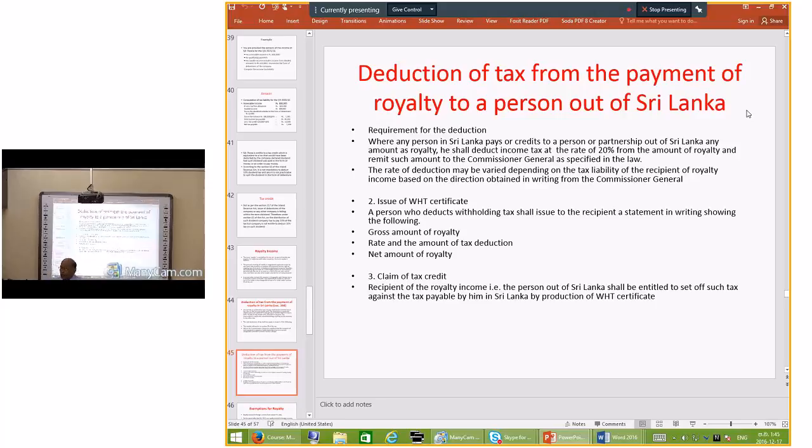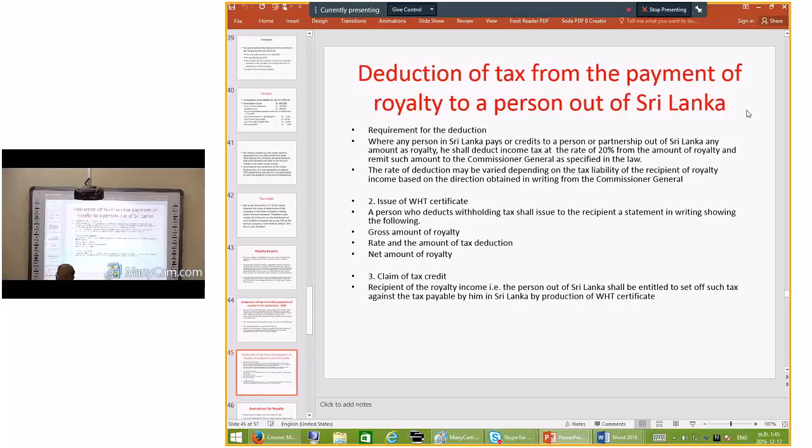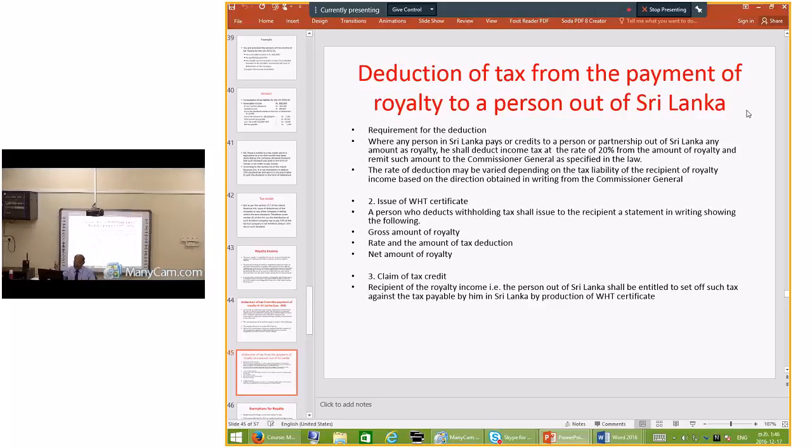Likewise, when the payment is made, the paying country requires that some taxes be deducted and the rest paid to the recipient, right? In such cases, the recipient country claims it as a tax credit, but we take the gross amount as royalty income.